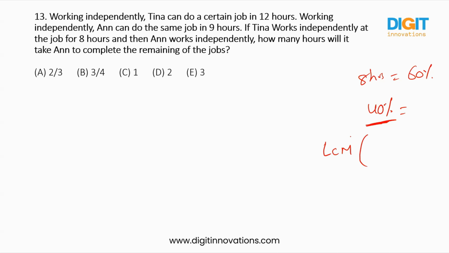So let us come to Tina. She needs 12 hours to complete these 36 units. So let us find how much she was doing in a single hour. 36 by 12, you will get 3 units. So 3 units per hour.